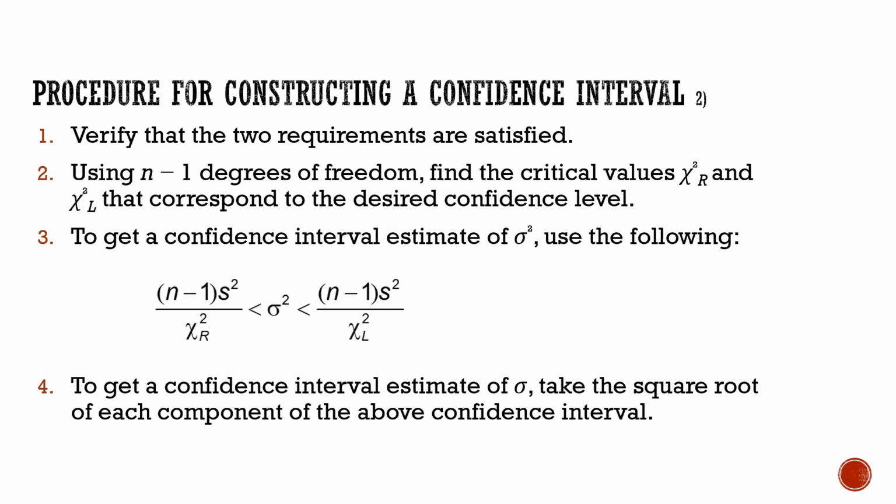Then you use the method we did before to find chi-squared R and chi-squared L. You use this formula to find the confidence interval of your variance. You take the square root of that to get the confidence interval of your standard deviation, which is what we mostly use. The variance is kind of a weird measurement.